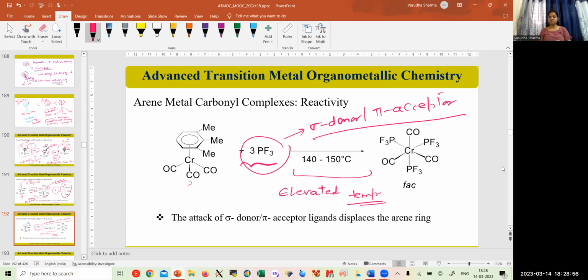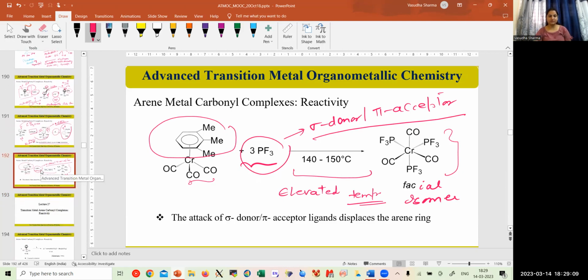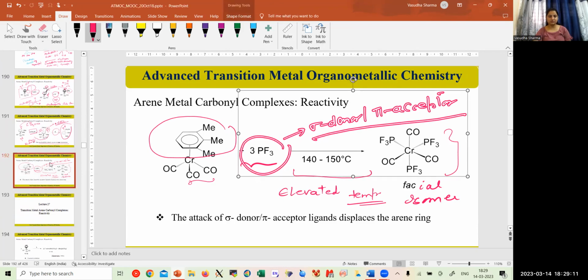They are not going to exchange with the carbonate. They will replace this particular arene moiety and get coordinated with the chromium, making a facial isomer.